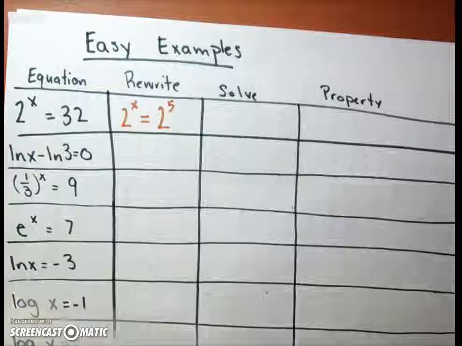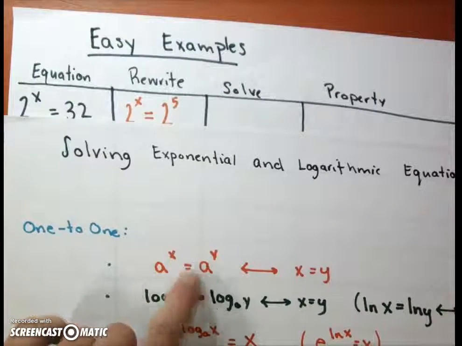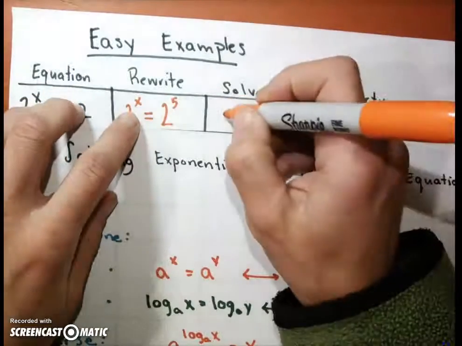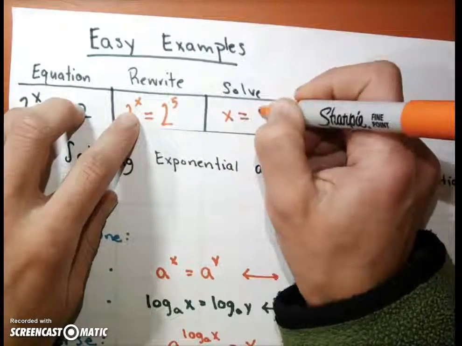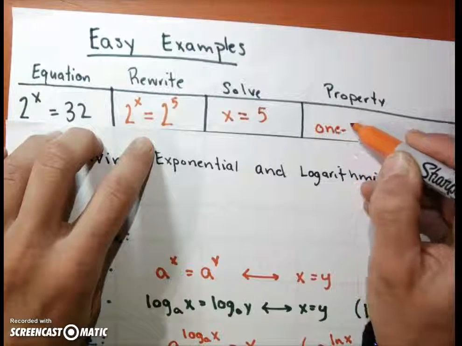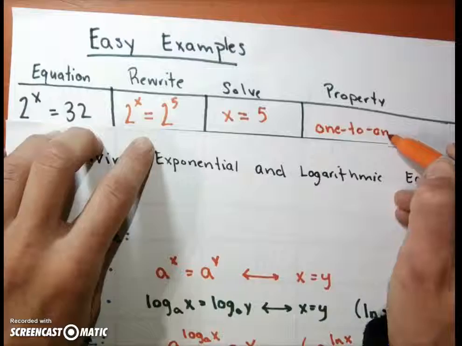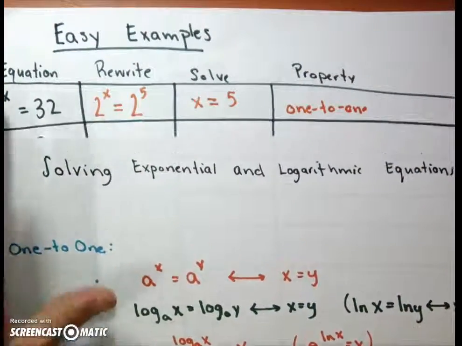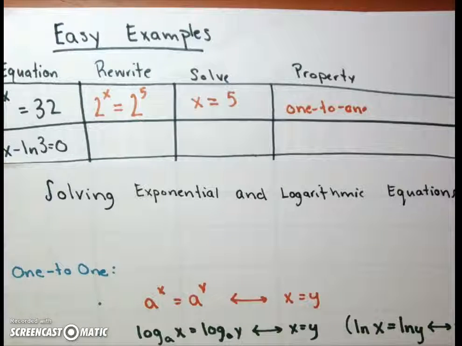So I have same base, different exponents. So by the one-to-one property, those exponents must be the same. So x equals 5, and the property we've used is one-to-one for exponents.